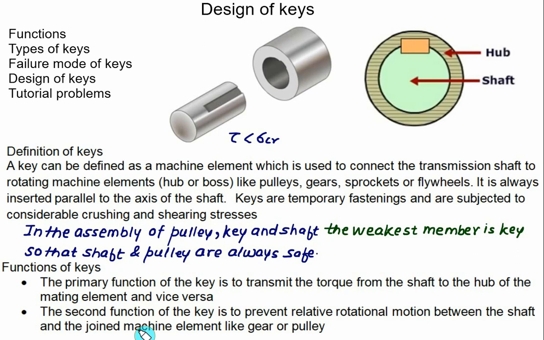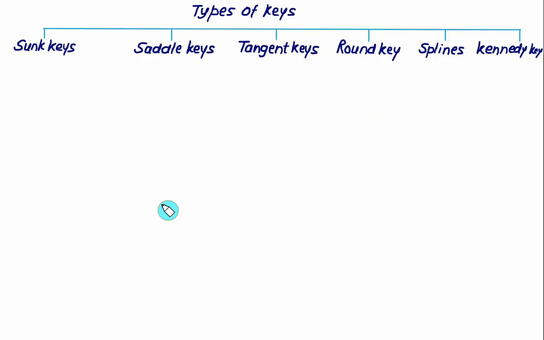Now we'll discuss the types of keys. A number of keys are used, and we'll introduce them one by one. There are various types of keys, like sunk keys, saddle keys, tangent keys, round keys, splines, and the Kennedy key. The keys are basically classified as low and medium duty keys, or as heavy duty keys.